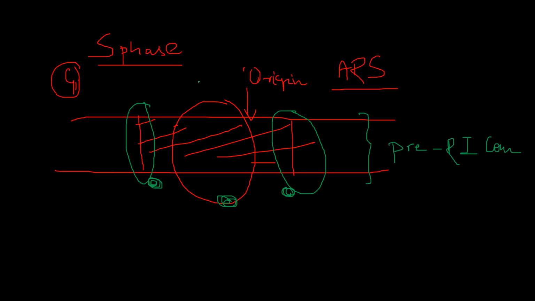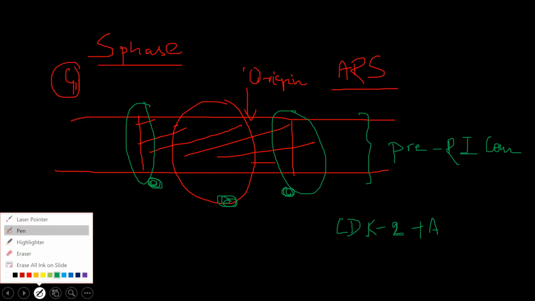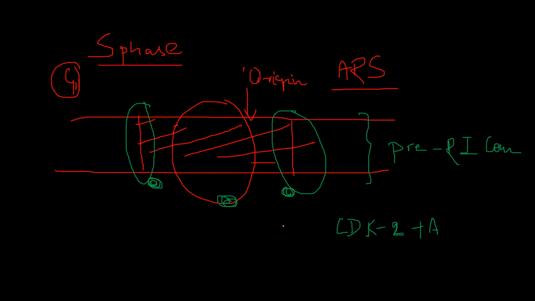Now, what will happen after loading of MCM, CDT1, CDC6? There will be activation of helicase, and how does helicase activation take place? With the help of CDK2 and cyclin A. The role of this complex is to activate the helicase.